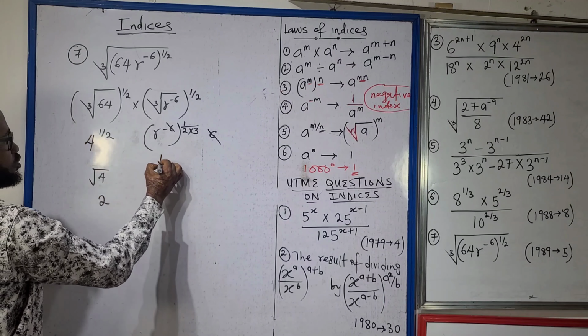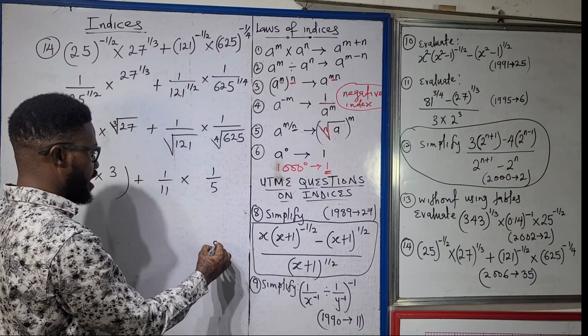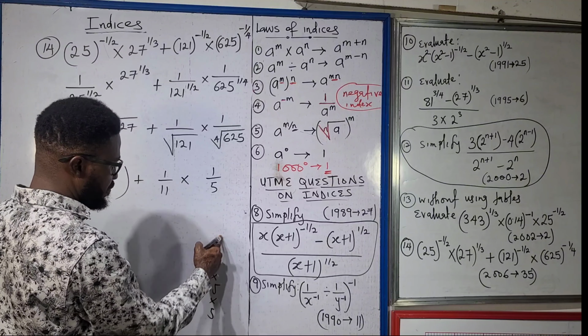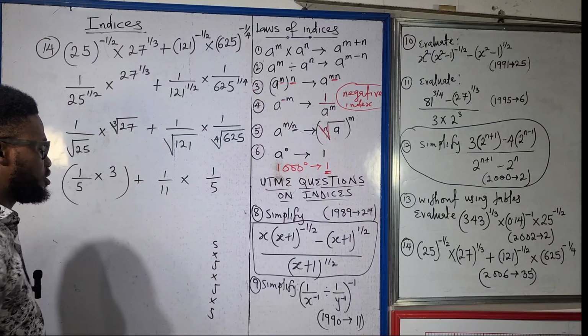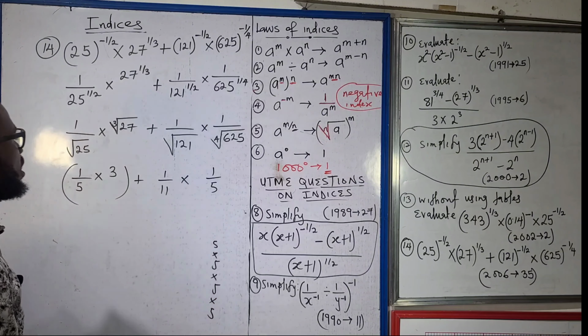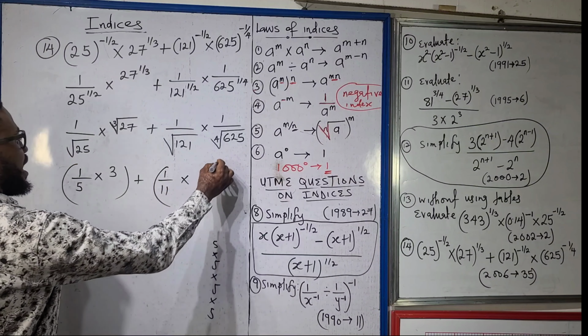It means a number that if we multiply it with itself 4 times gives us 625, and that is 5. 5 times 5, 25. 25 times 5, 125. 125 times 5, that's 625, sorry.